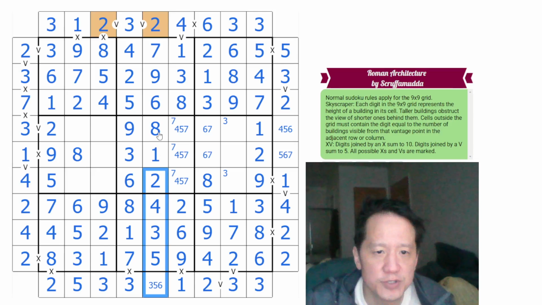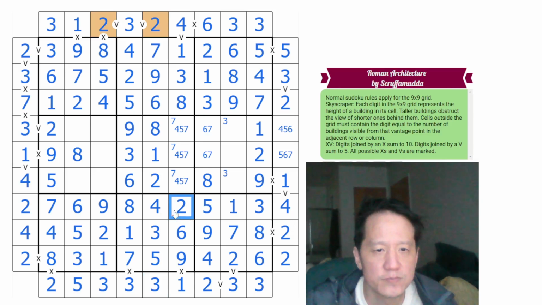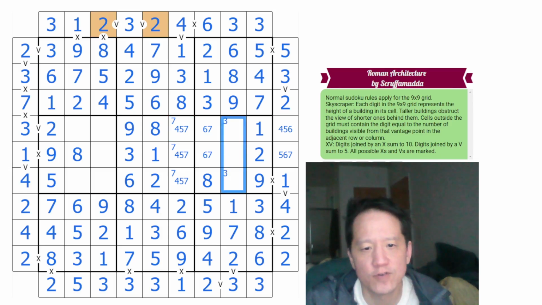This sees specifically 5, 8, and 9. So therefore this is 3. This has to be 3, 4, and 5 here. And this can't be 3.